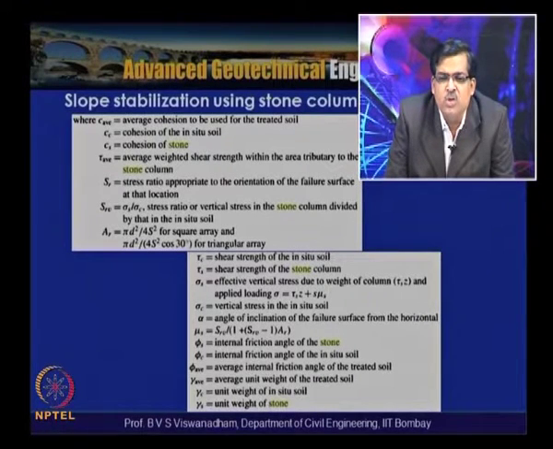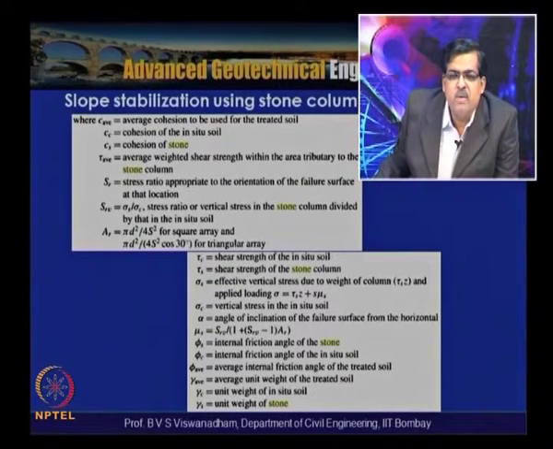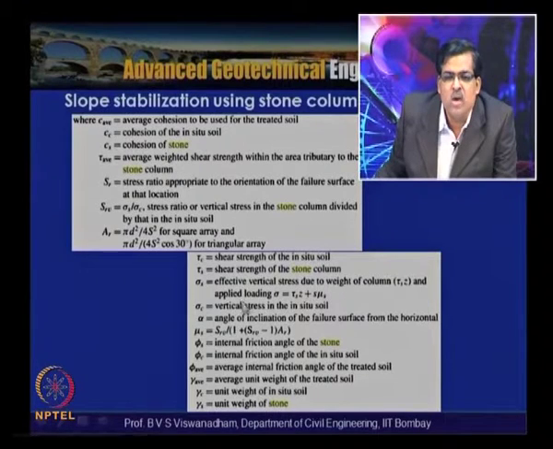Tau C is the shear strength of the in situ soil, and tau S is the shear strength of the stone column. Sigma S is the effective stress due to the weight of the column and the applied loading, where gamma Z and S mu S, and various other parameters like the vertical stress in the in situ soil, and alpha is the angle of inclination of the failure surface from the horizontal, and mu S is SRE plus (SRV minus 1) into AR, where phi is the internal friction angle of the stone.